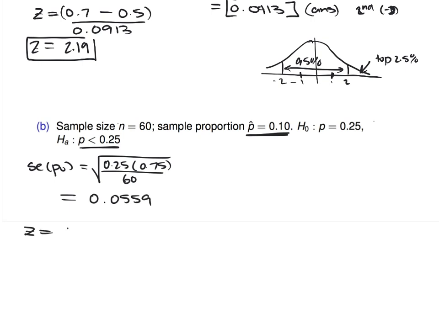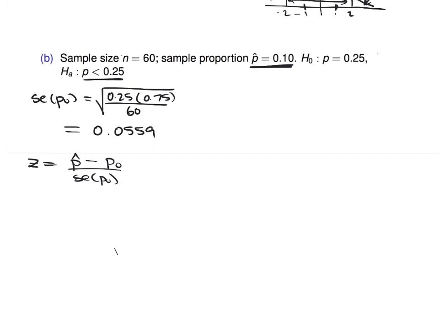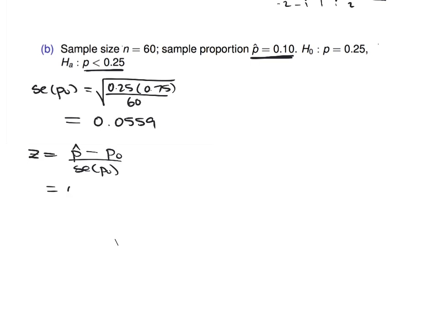And our z value is, remember, p hat minus p naught over the standard error of p naught. In this case, p hat is 0.1, p naught is 0.25, divided by that 0.0559, which gives you about negative 2.68.